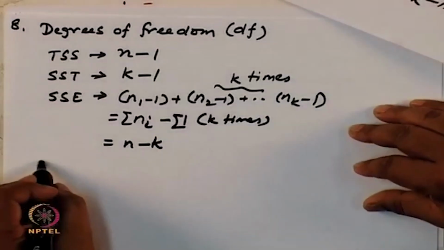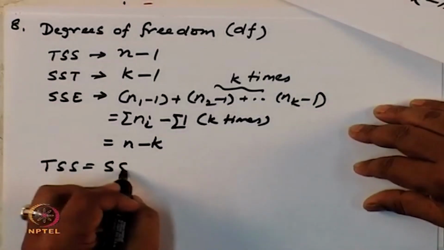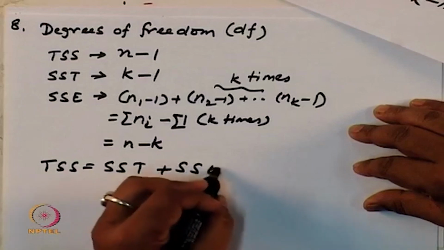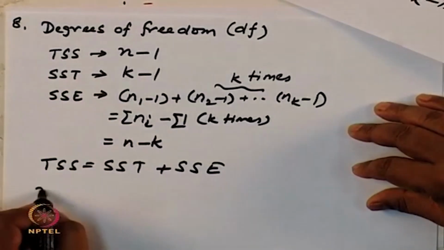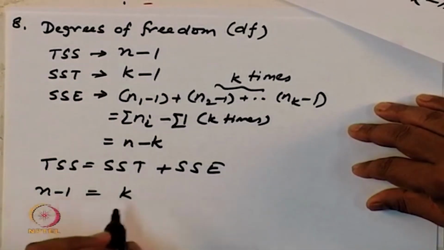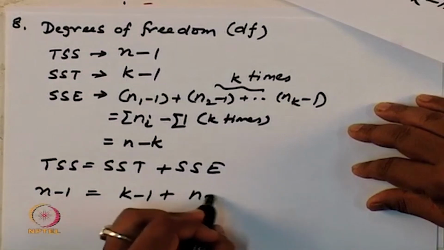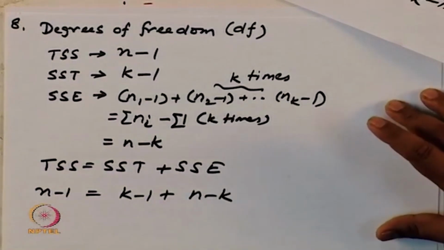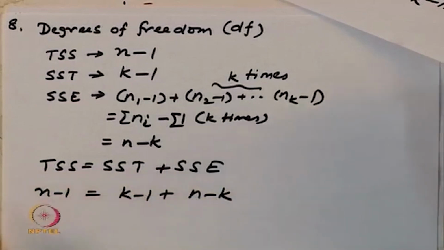Given that TSS is equal to SST plus SSE, the degrees of freedom n minus 1 is equal to k minus 1 plus n minus k. So, the degrees of freedom also add up.